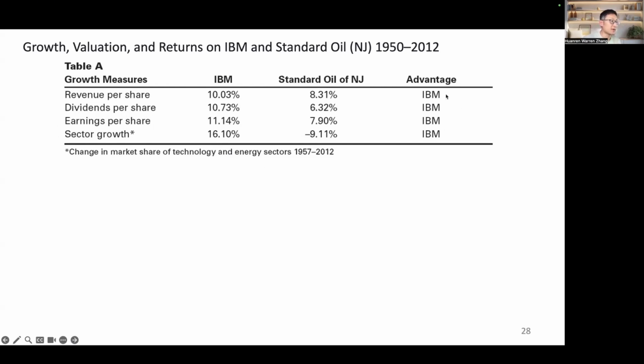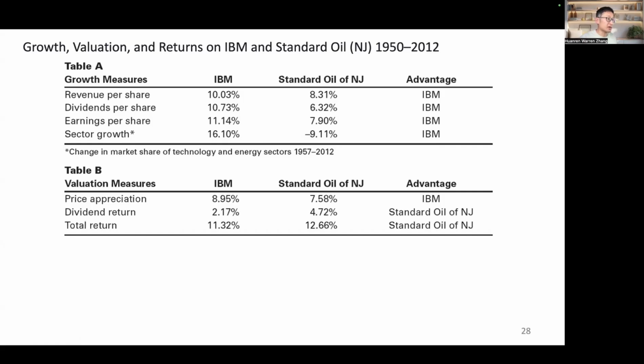That means IBM has an advantage over Standard Oil in its company level performance and even the sector level growth. For Standard Oil of New Jersey, there was a shrink of the sector, while IBM's sector grew. So in terms of growth, IBM definitely outperformed Standard Oil of New Jersey.